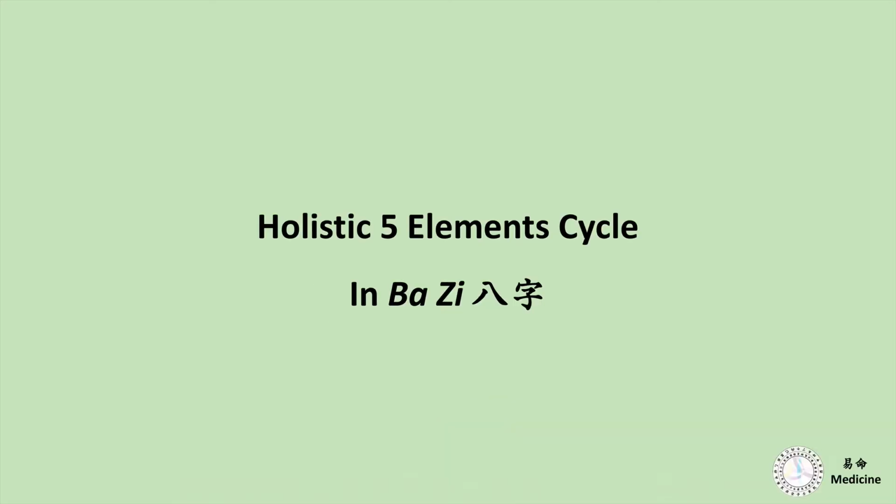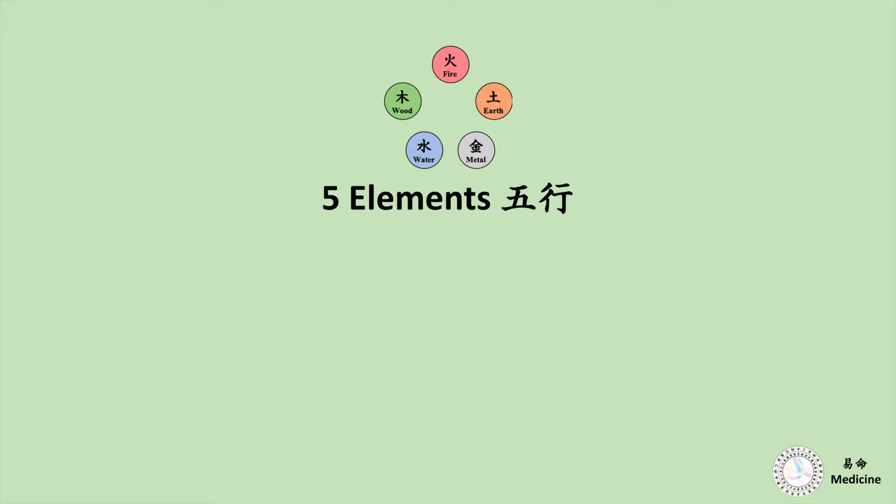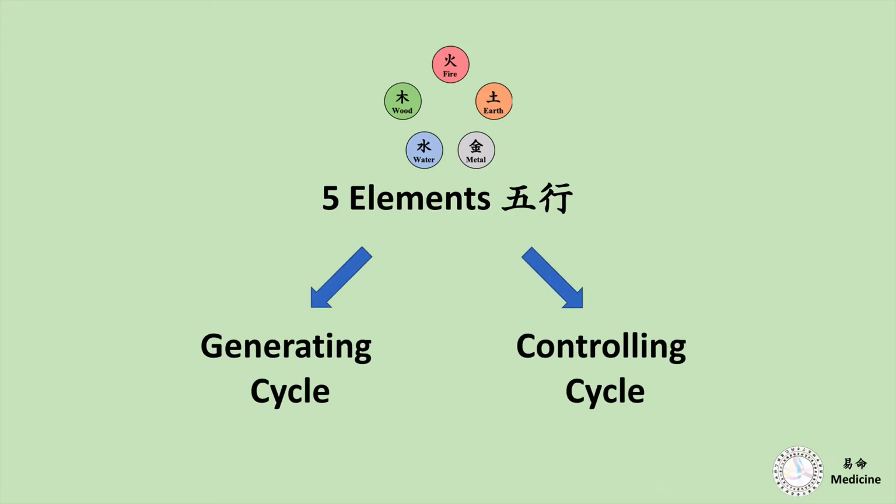Today we are going to talk about holistic 5-element cycle in Bazi. If some of you guys have already studied about 5 elements, you might be familiar with two major cycles, the generating cycle and the controlling cycle.